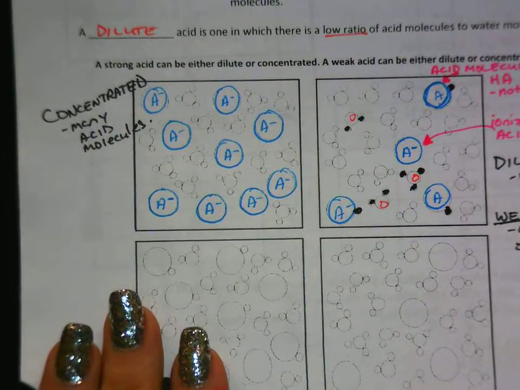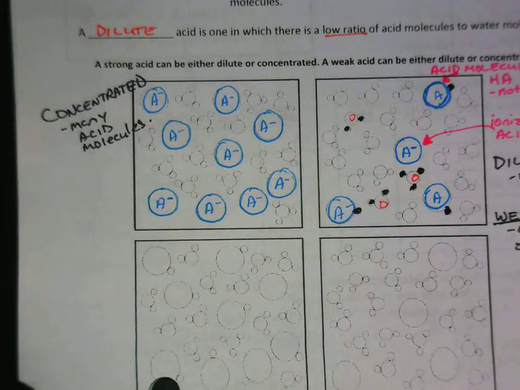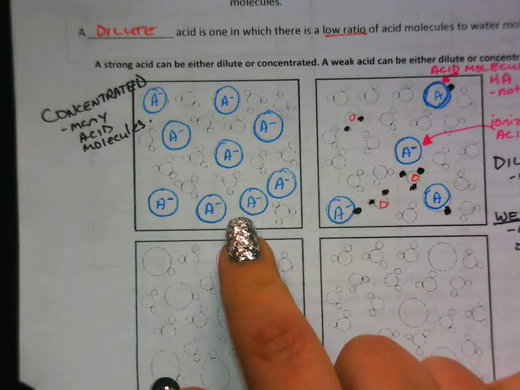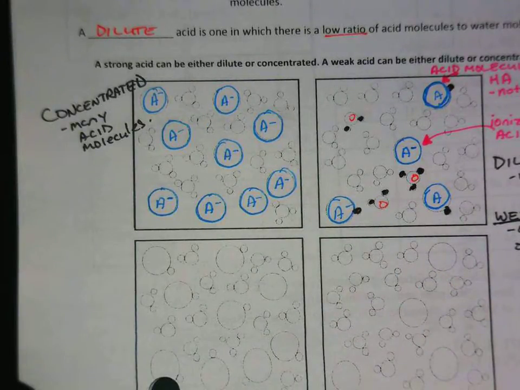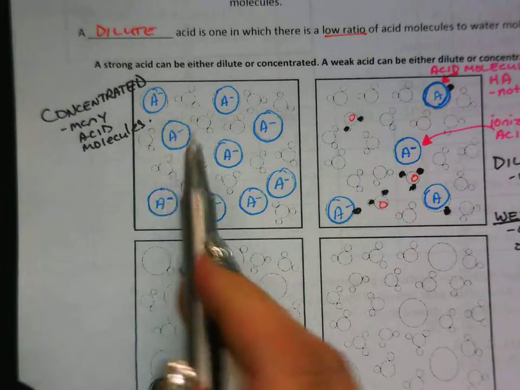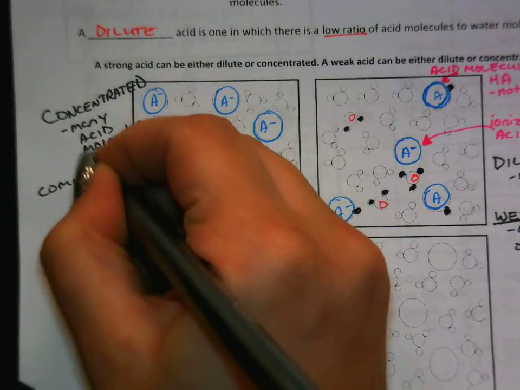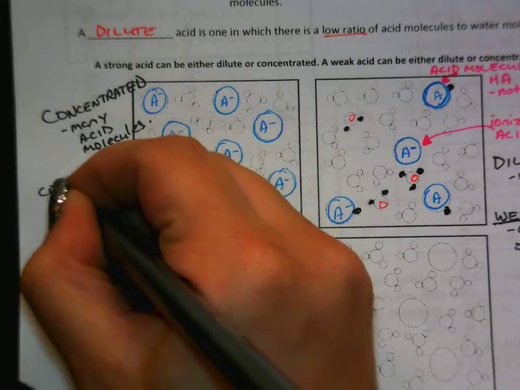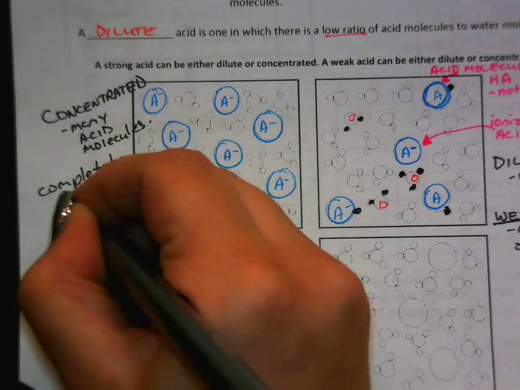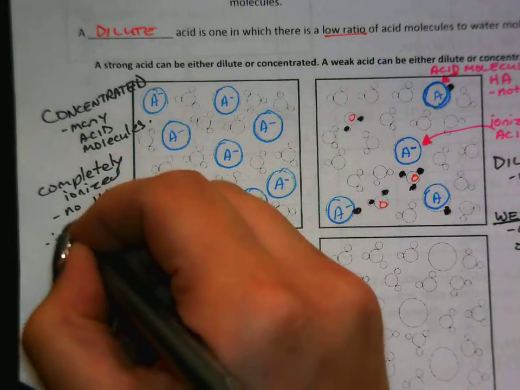And if I take a look, each of these acids was originally stuck to a hydrogen, but none of them still have their hydrogen. All of them have lost the hydrogen that used to be connected. When we see that acid has been ionized completely, no hydrogens attached to acid, we can say that it's a strong acid.